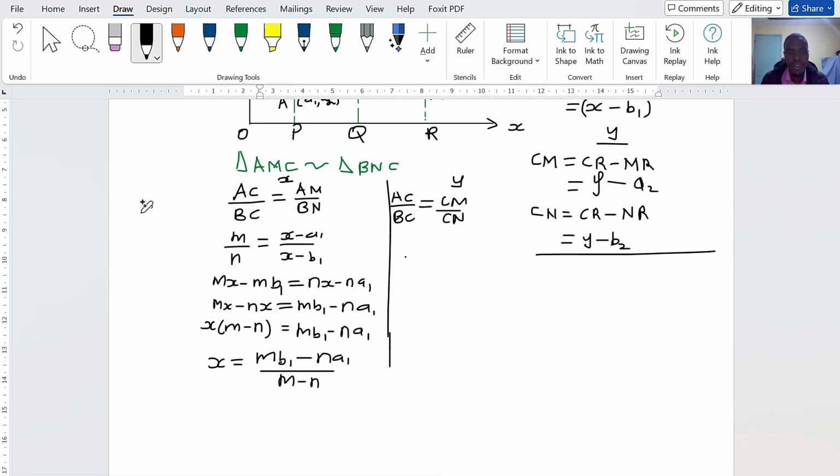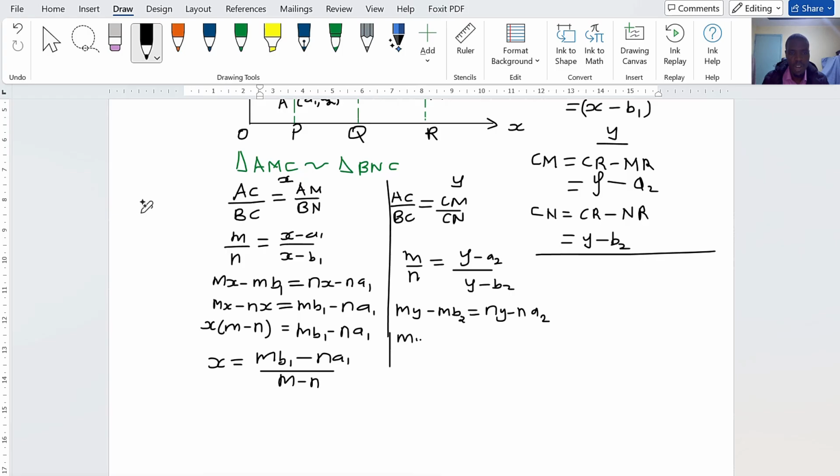Let's do the same for Y. AC is M over N, equal to CM, which is Y minus A2, over CN, which is Y minus B2. Cross multiply: MY minus MB2 will be equal to NY minus NA2.